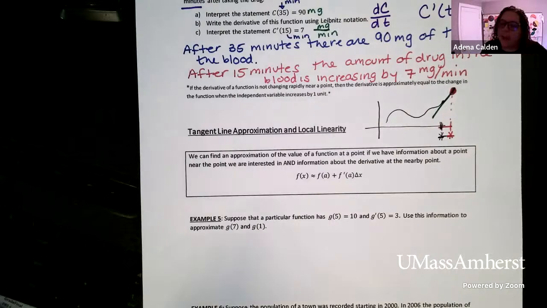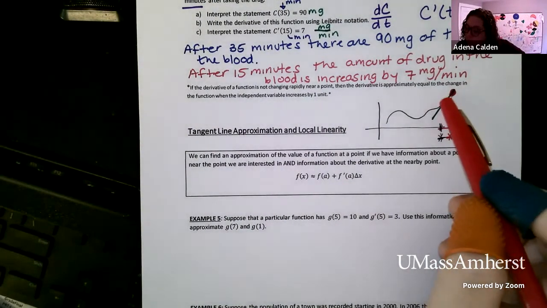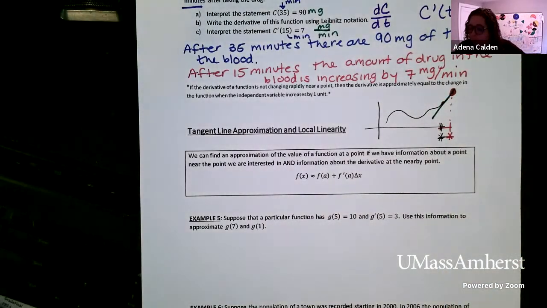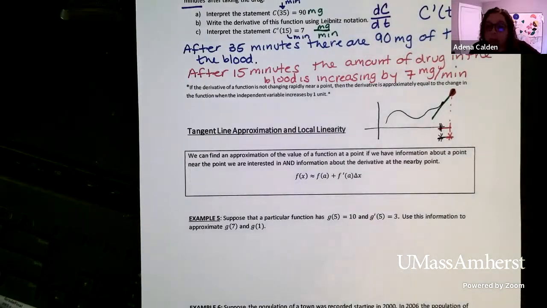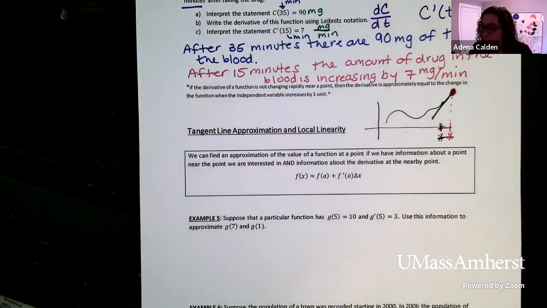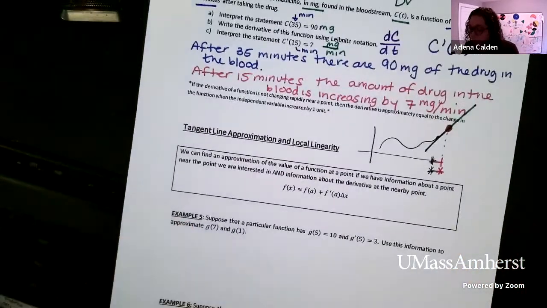Now, the caveat is that when we are really close to the actual point where we had information, this approximation technique is pretty good. But as we get further and further away from the point that we knew, the approximation gets worse and worse.